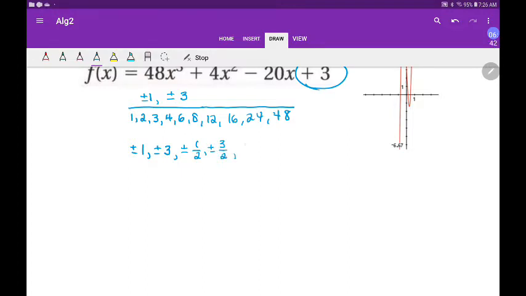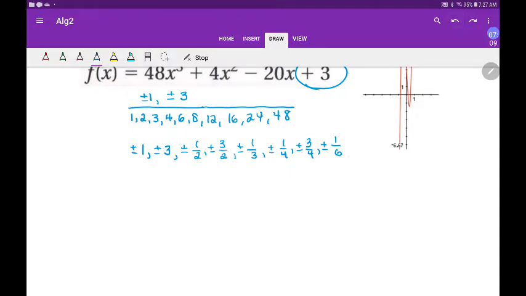And then we'll say plus or minus 1 over 3. I don't need to do 3 over 3 because I already have 1, so I'll skip the 3 over 3. I have plus or minus 1 over 4. And I have plus or minus 3 over 4. And then I have plus or minus 1 over 6. And I will skip the 3 over 6 because I already have half.